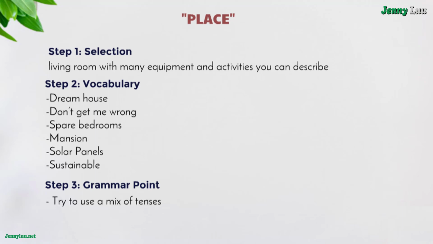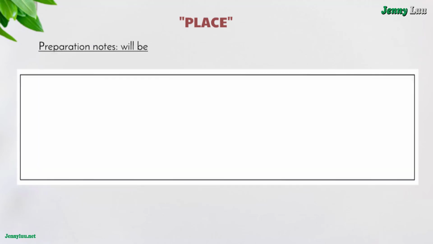You can choose a small house with many equipment and activities you can describe. Step 2, Vocabulary. Dream house, spare bedrooms, mansion, solar panels, sustainable. Step 3, Grammar. Try to use a mix of tenses. Preparation notes, will be.